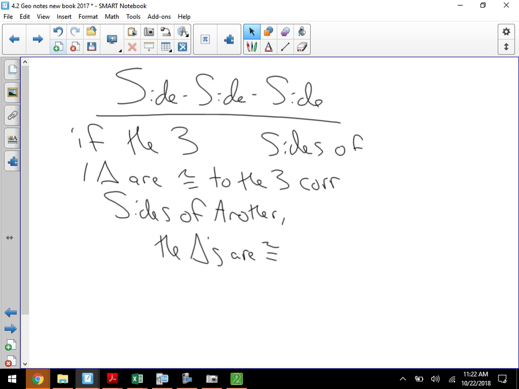Which means we need to keep track of what parts we're working with. Since we're pretty reliant upon our progression sheets, I like to dedicate a square to how to prove that triangles are congruent. So let's get our sheet out.